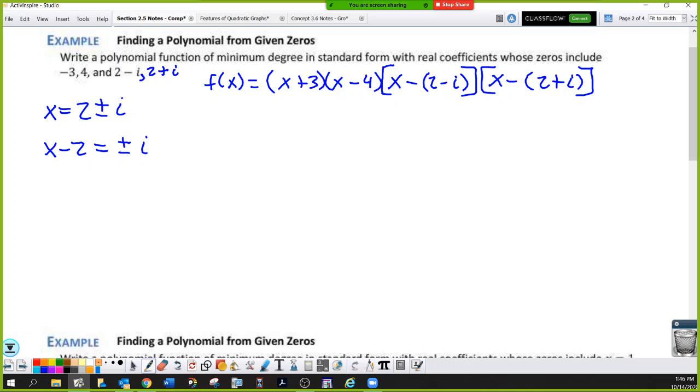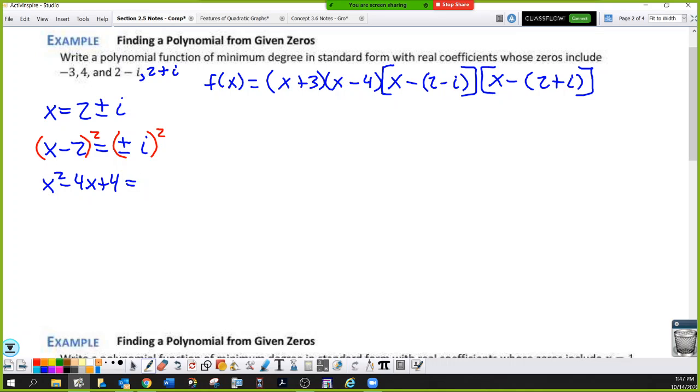Now I'm aware that these solutions came about because it was a quadratic, right? So let's make it a quadratic. Square both sides. I don't feel like doing x minus 2 times x minus 2 because I know the shortcut, x squared minus 4x plus 4. So hopefully you master the shortcut to make this a true quick thing.